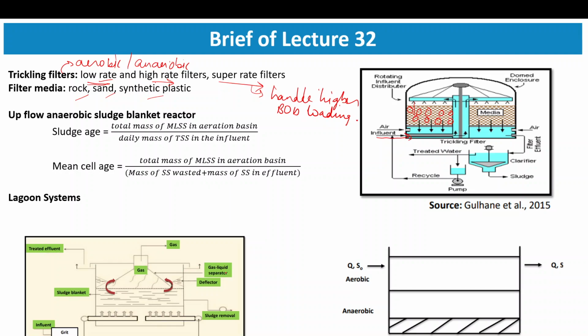So there will be a separator here and you collect the gas from the liquid, and the liquid can be collected here. Since there is no oxygen supply, the anaerobic process occurs, and the gas can further be used for biogas plants. So do you have any doubts so far?